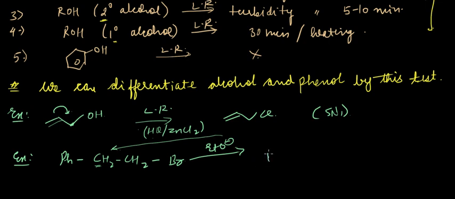So it would be something like CH, OEt, CH2 and Br.